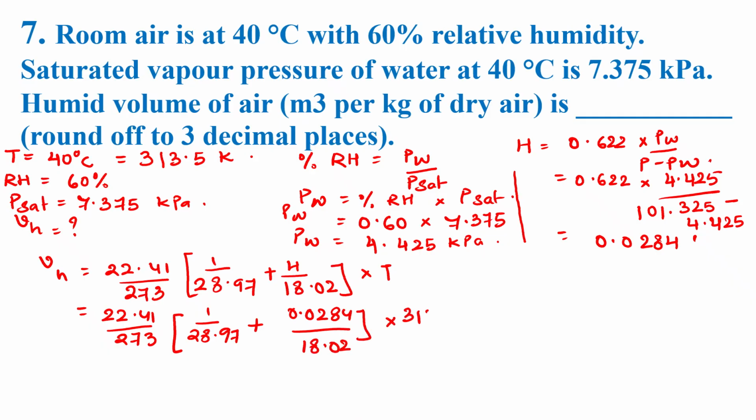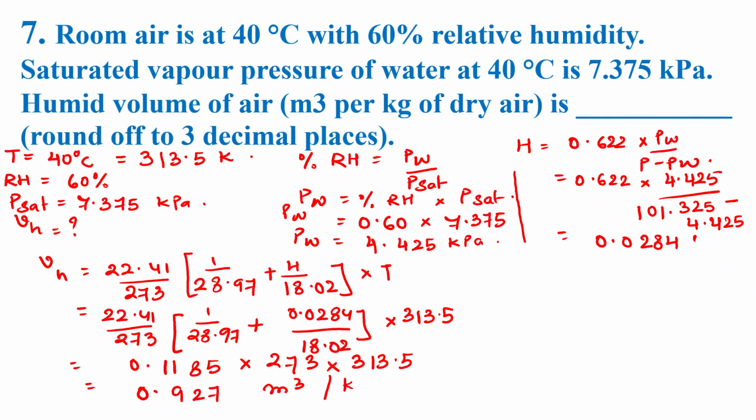So calculating this, we'll get 0.1185 into 273 into 313.5, or 0.927 meter cube per kg dry air. So our answer will be 0.927.